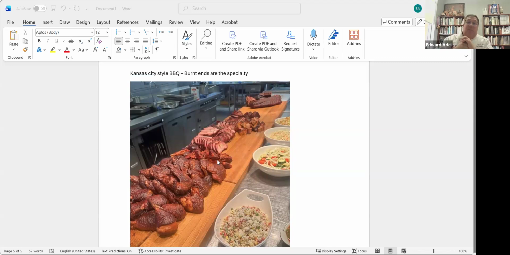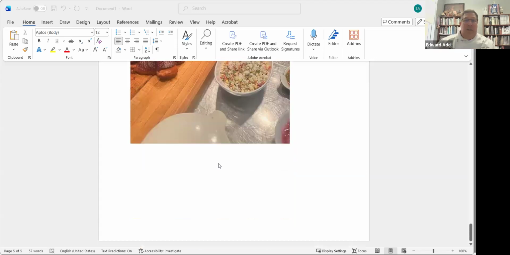Adding some nice tart, palate cleansing type sides to your plates, and help balance out that cost wise, also flavor wise. So that is definitely something I think is an option there. And then those are all of my barbecue pictures.